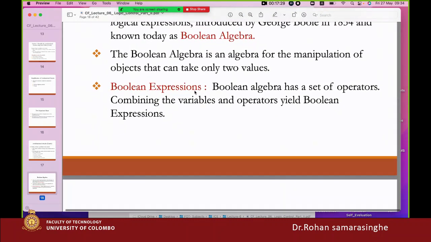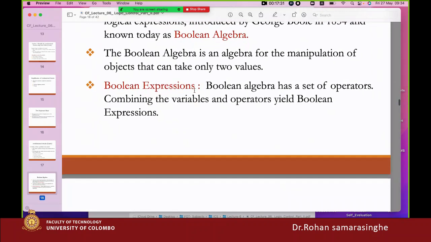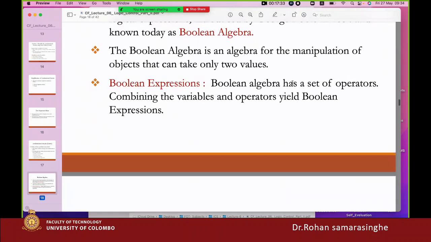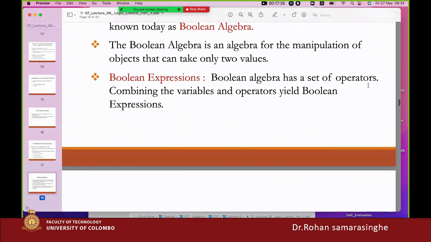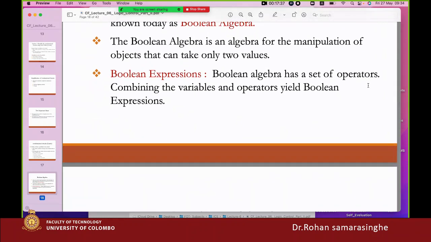What is this Boolean expression? Boolean algebra has a set of operators. When you write a certain expression using these variables, you can have terms like A B C D, A B bar C bar D, A bar B C bar D. Likewise, you can have certain combinations.